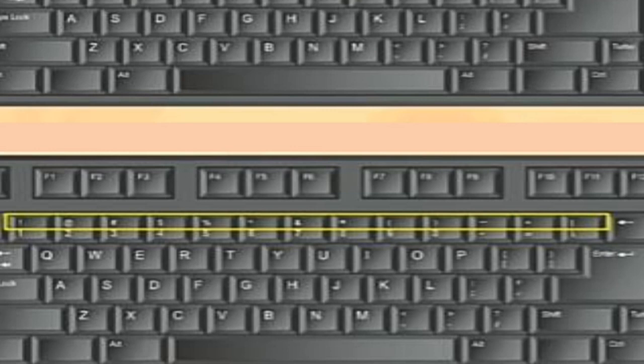On those numbers 1 2 3 4 some special symbols are written, like the multiplication sign, dollar sign, at the rate sign, exclamation, plus, minus, equal to sign. So that is why we say the number keys on the top of the alphabet keys have some special symbols on them.